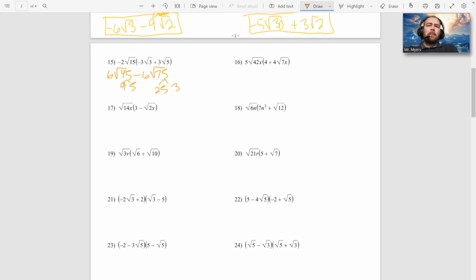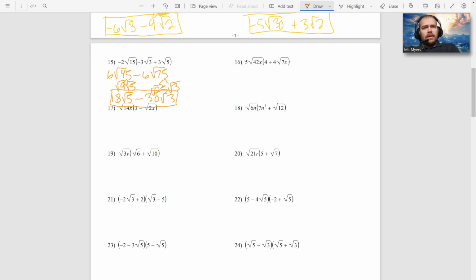And notice I'm putting the big square number first because that actually looks nicer as we go along. So eventually you want to get around to doing it that way. So then we have 6 times 3 is 18, root 5, minus square root of 25 is 5, times 6 is 30, root 3. And that's it for that one.